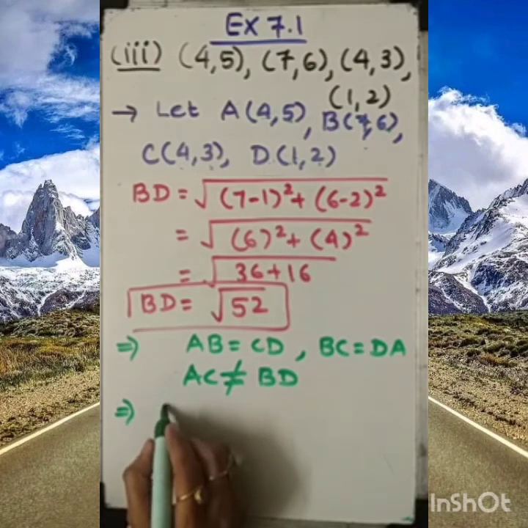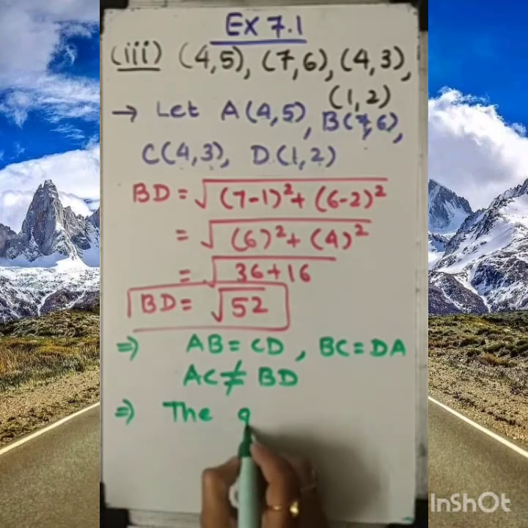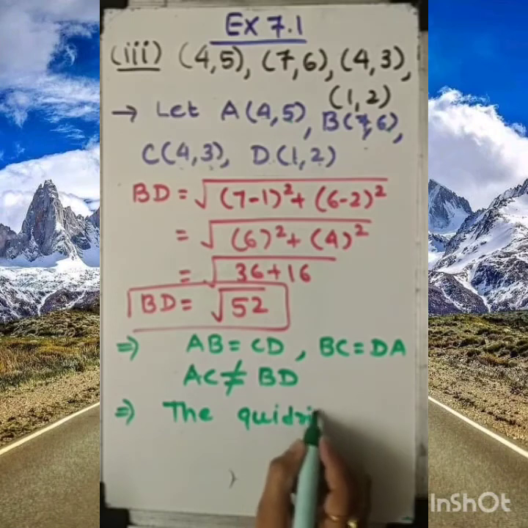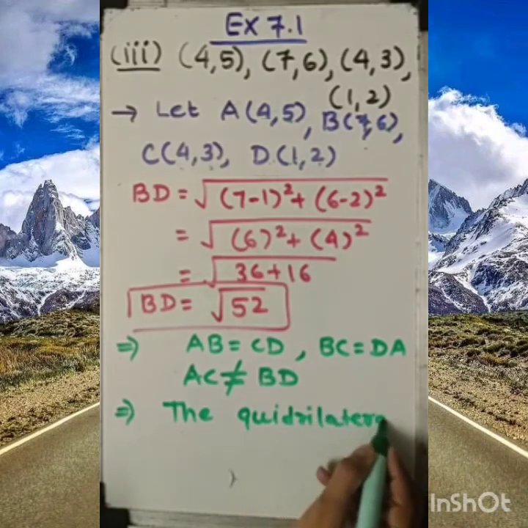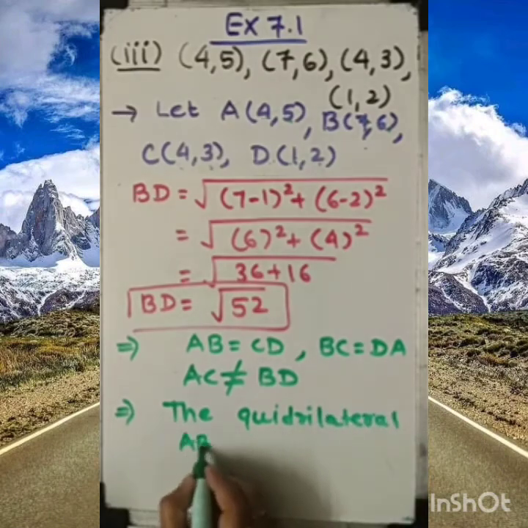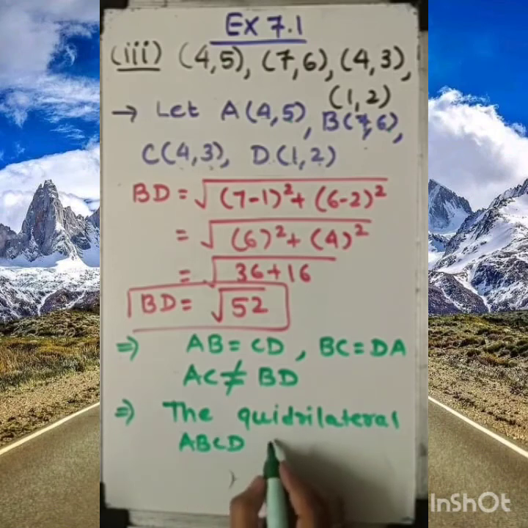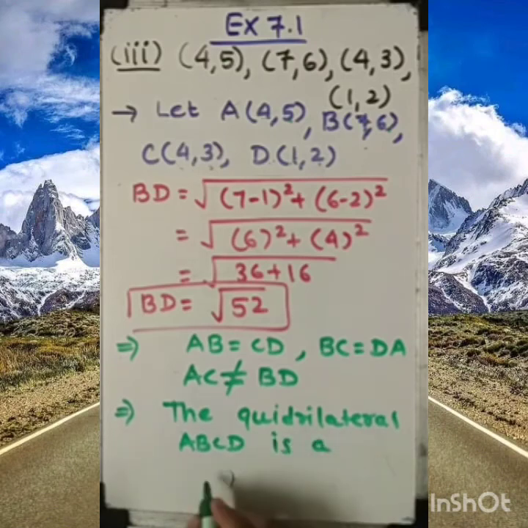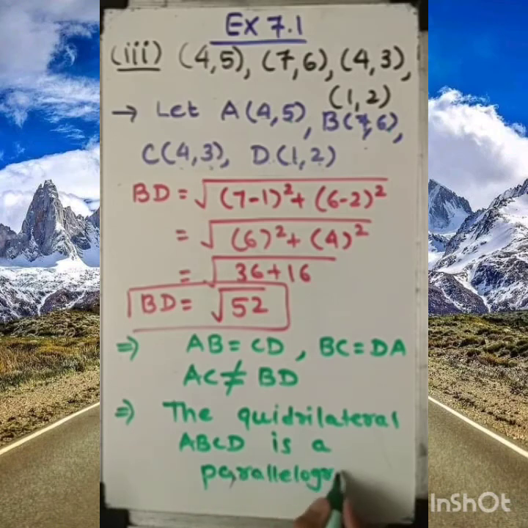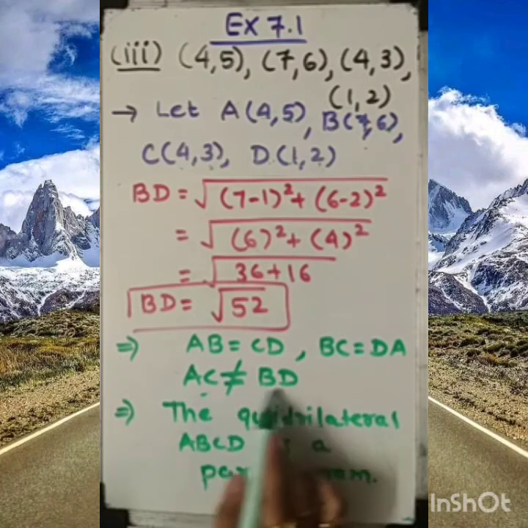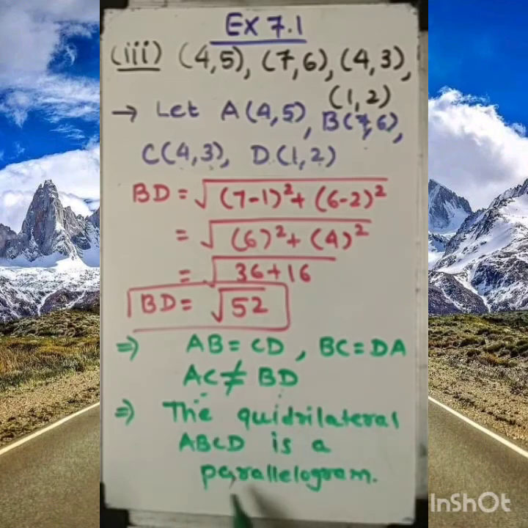Therefore, the quadrilateral ABCD is a parallelogram. Which type of quadrilateral is that? That is a parallelogram. Got it? If the diagonals were equal, if they both were equal, then here you need to mention it is a rectangle. Simple. So this is the complete solution of question number 6. Let's move to question 7 now.